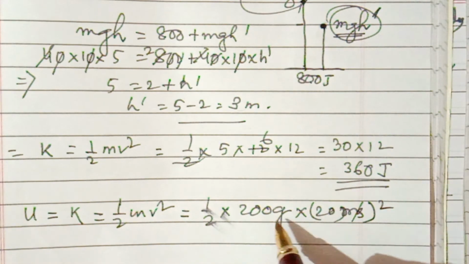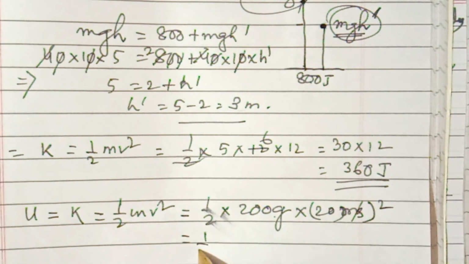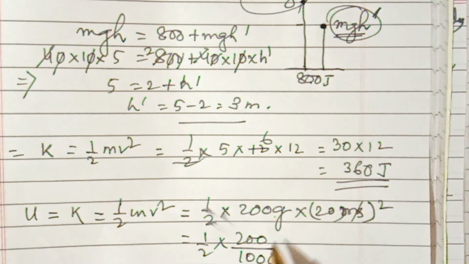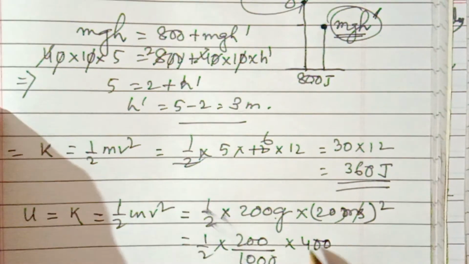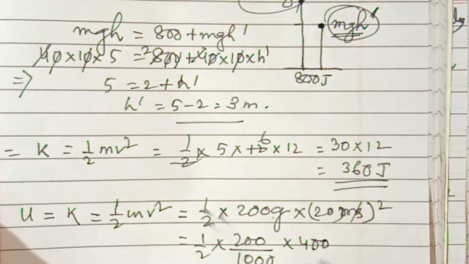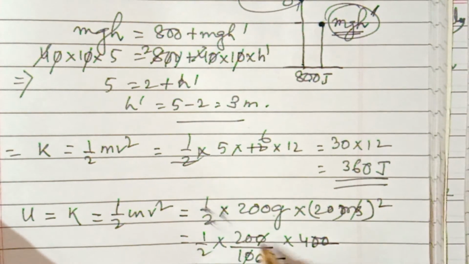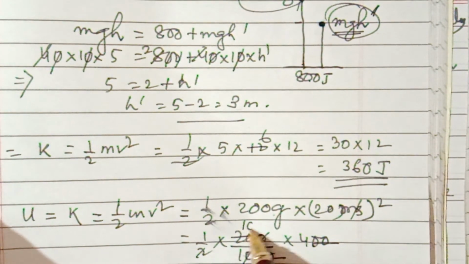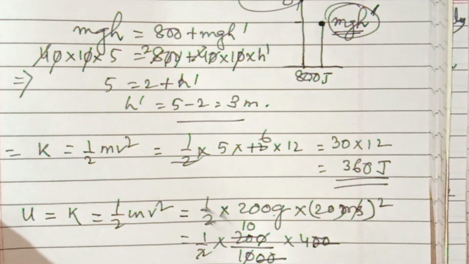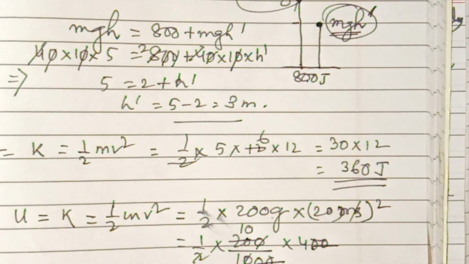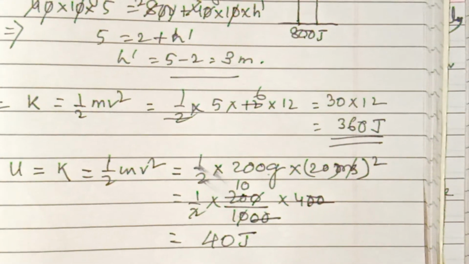Here you see the units are different, so you need to change this into kg and keep velocity in meter per second, SI unit. So 400, then you can cancel these zeros. Then 40 joule. So 40 joule is the answer.